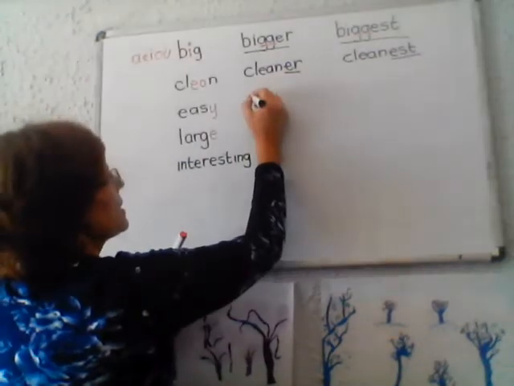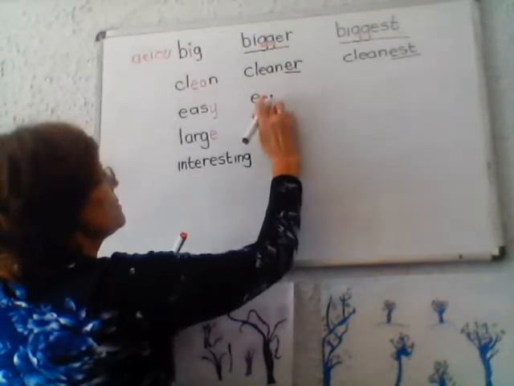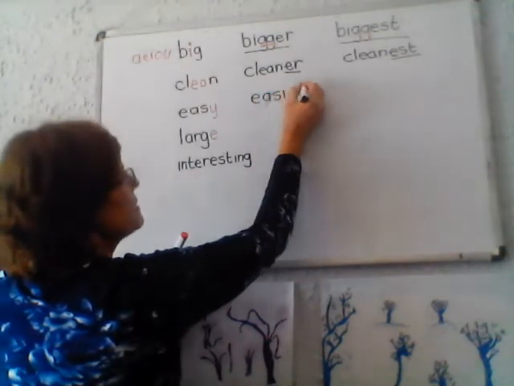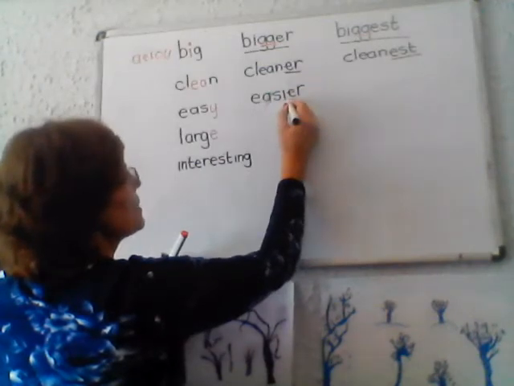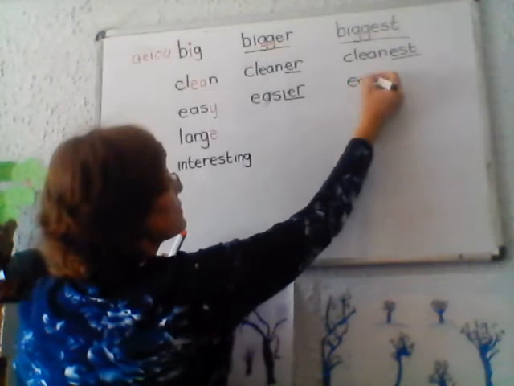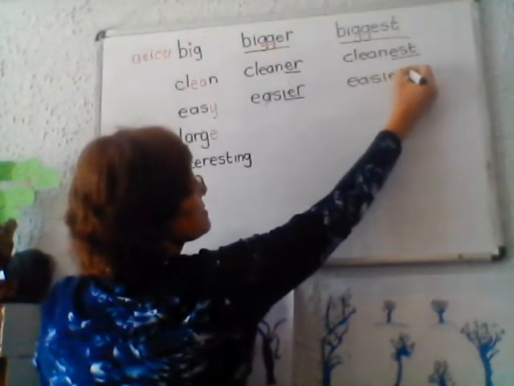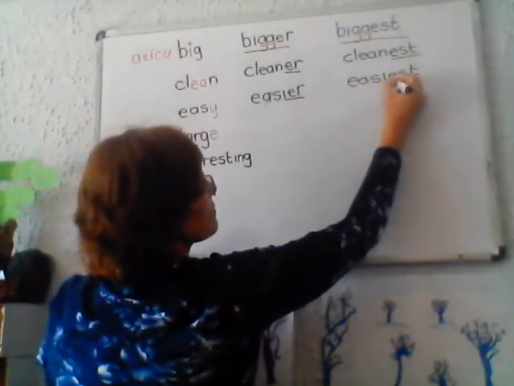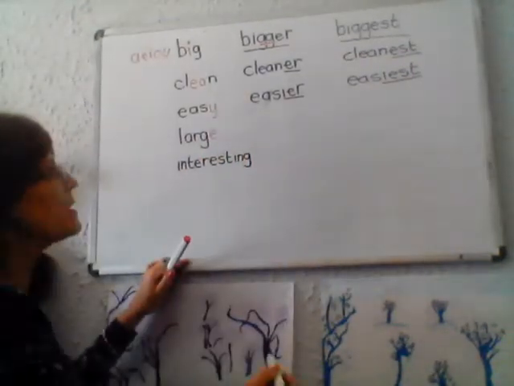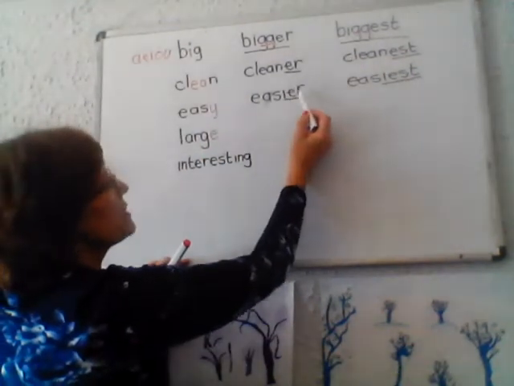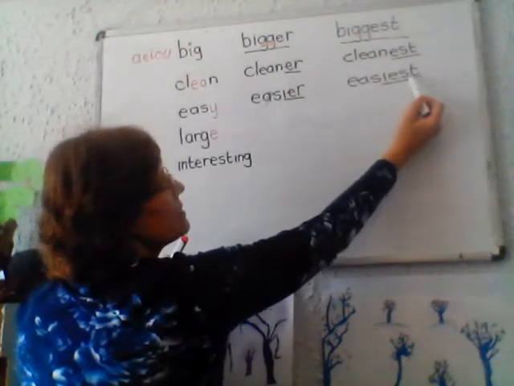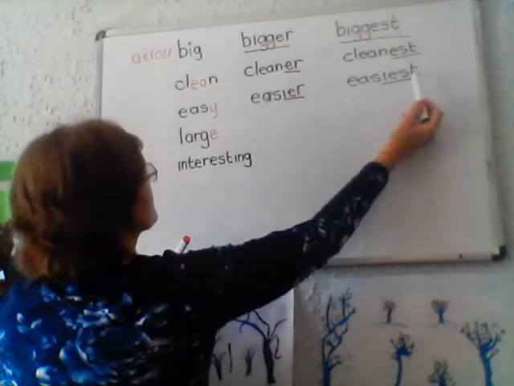So easy, easier, so it changes into an IE and an R, and easiest. So whenever a word ends on a Y, you change the Y to an IE and add an R, or add an ST.